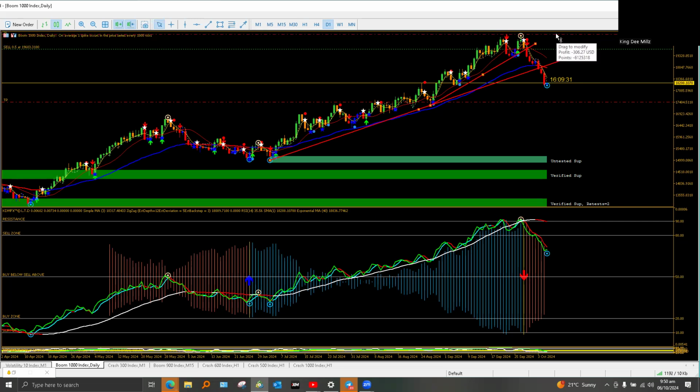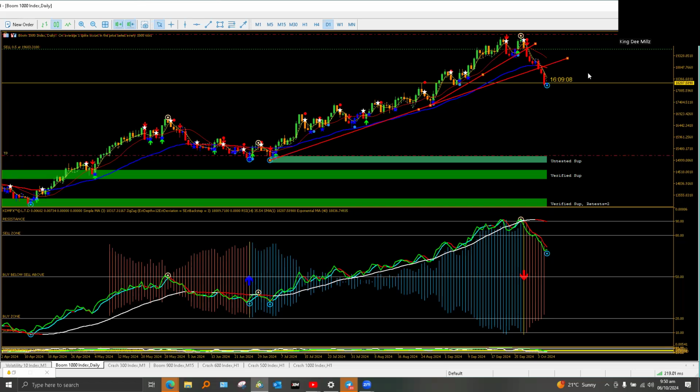How much? Looking at 300. You see? Then let's look at take profit, just in case the market swings back to this support point. How much is that? We're looking at 2,000.